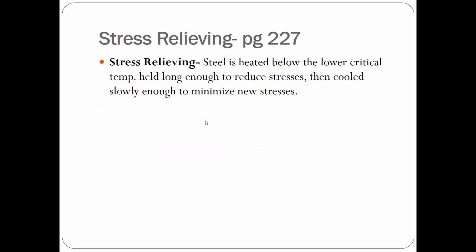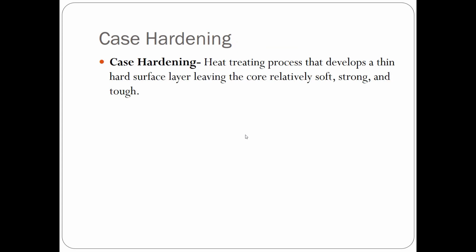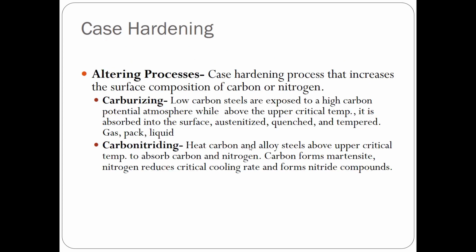Stress relieving on page 227, that would be a good definition to know. Case hardening, just the gist of case hardening: leaving the core alone, only hardening the outside surface layer. If I ask any questions about that, it will only be about the two different types, which would be altering and maintaining, the two different techniques.